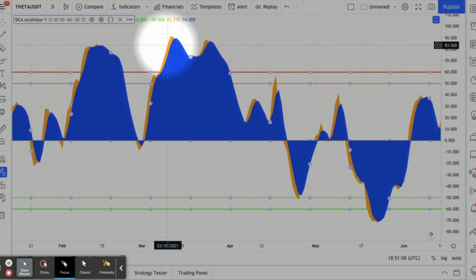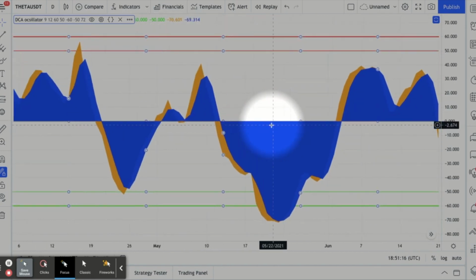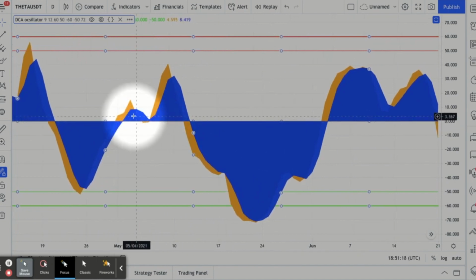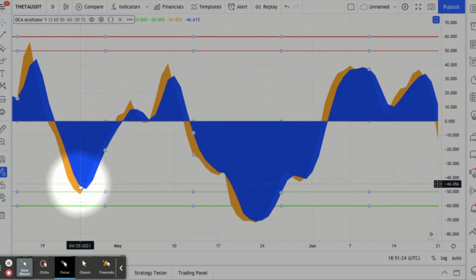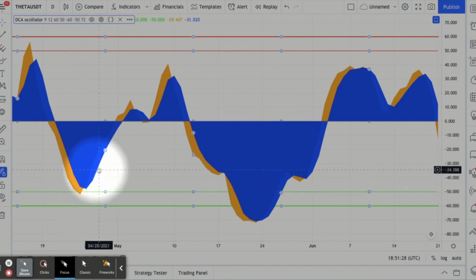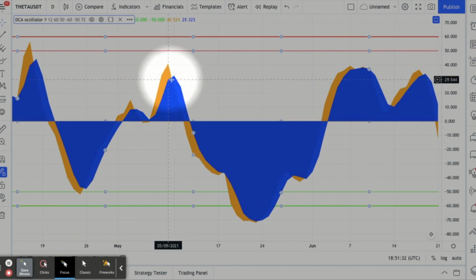The blue area is leading the wave trend, so whatever the blue is doing, the pink will probably follow. For example, the blue is coming up, the pink is coming up. You see down here, the blue started coming up, and then the pink a little bit later started coming up. So it follows how it works.